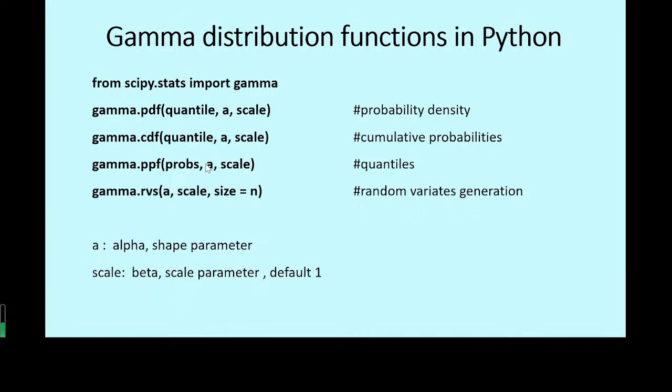Here, parameter a means alpha for the shape parameter, and scale means beta in the formula for the scale parameter, and its default value is 1.